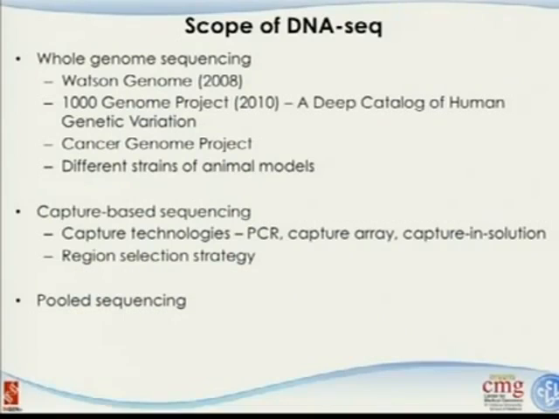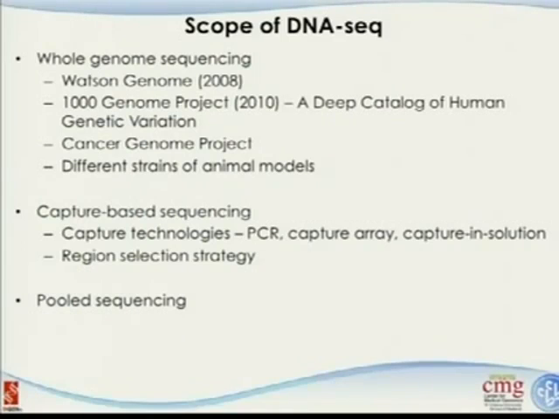And the region selected can be only focused on exon region, or can focus on certain regions that you already have previous biological knowledge. And if we are even poor, we cannot even afford for the capture-based sequencing, and some people do the pooled sequencing, that the goal is to identify genetic variants.